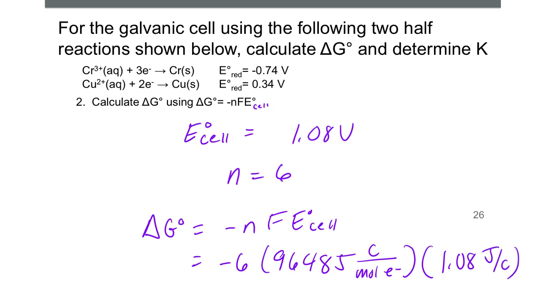You'll see that the coulombs cancel, the moles of electrons cancel with n, and so we're left with our Gibbs free energy in joules. And I get minus 6.25 times 10 to the 5th joules.